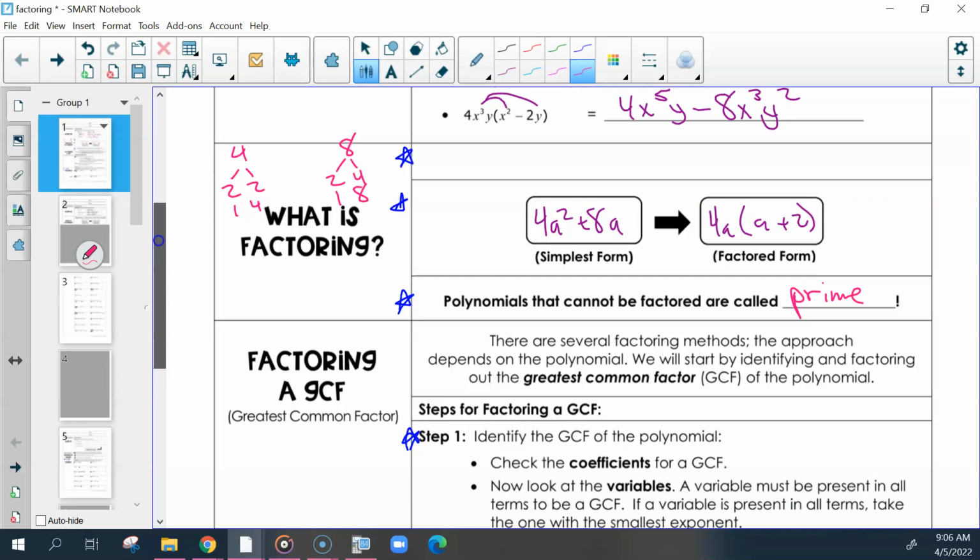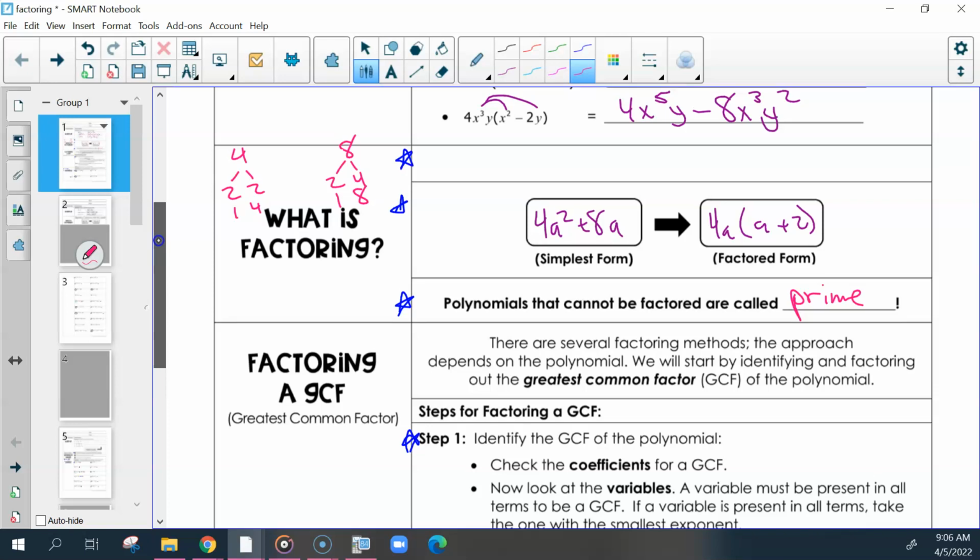What times what would give you 4? So then when you're looking for GCF, you're looking for the highest number these two share, which would be what? 4. This is usually just going to be one number.